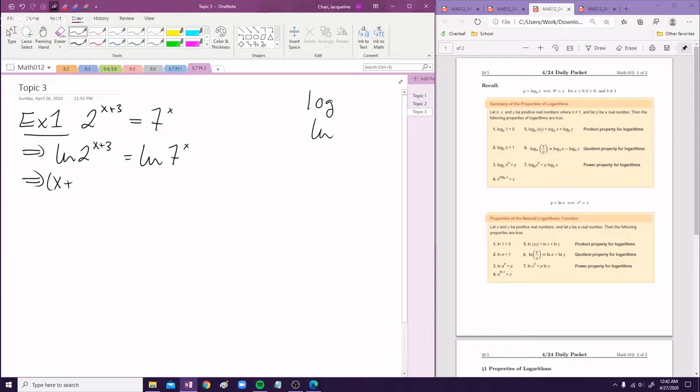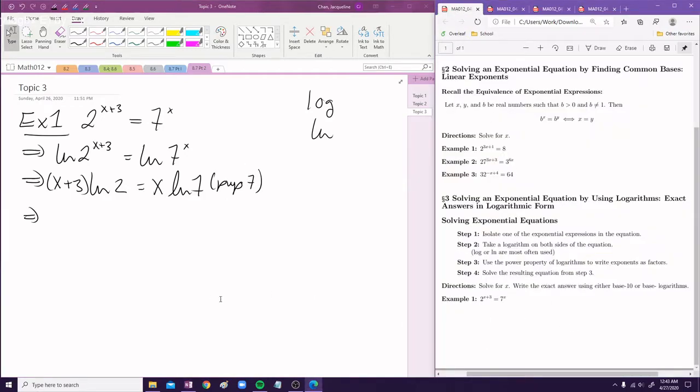So this is going to become x plus 3. Make sure it's in parentheses because this is not the same as x plus 3 natural log of 2. Not the same, because that means the 3 is just attached. So this whole thing is attached to our logarithm. And this is x natural log of 7. And this was property 7.